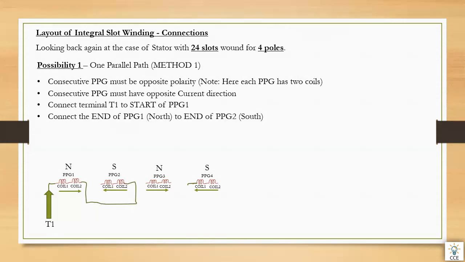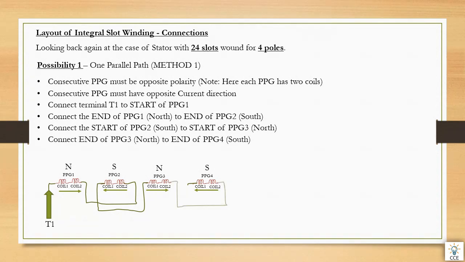Now we connect the end of pole phase group 1 to the end of pole phase group 2, similar to the earlier case, and again connect the start of pole phase group 2 to the start of pole phase group 3, and again connect the end of pole phase group 3 to the end of pole phase group 4. The last terminal of pole phase group 4, since it is the last pole phase group, becomes the end terminal of that phase winding, that is T2.